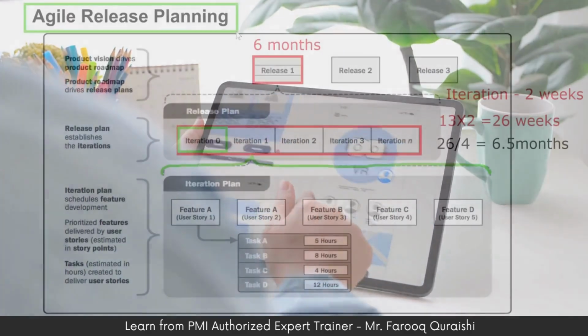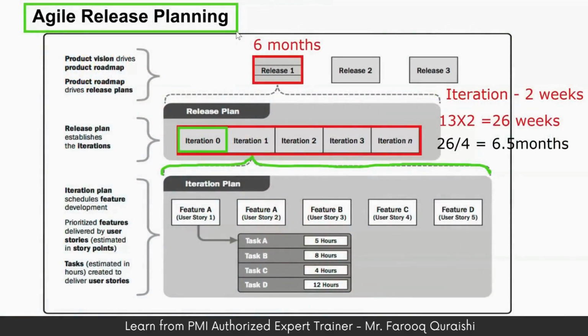The purpose of agile release planning is to create a high-level timeline that outlines when major features or capabilities will be delivered. This helps align the team's effort with business goals and stakeholder expectations while still allowing for flexibility and iterative development.